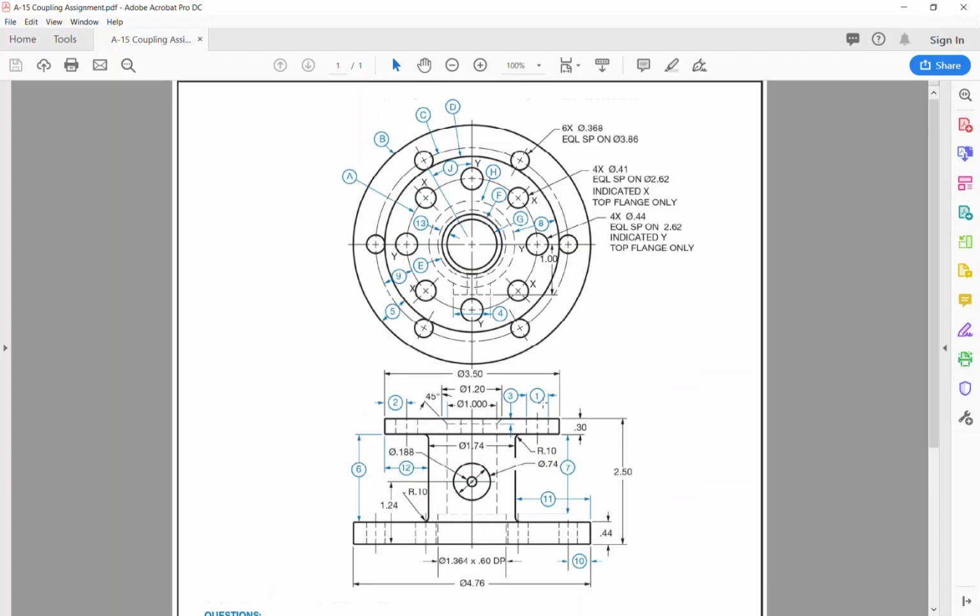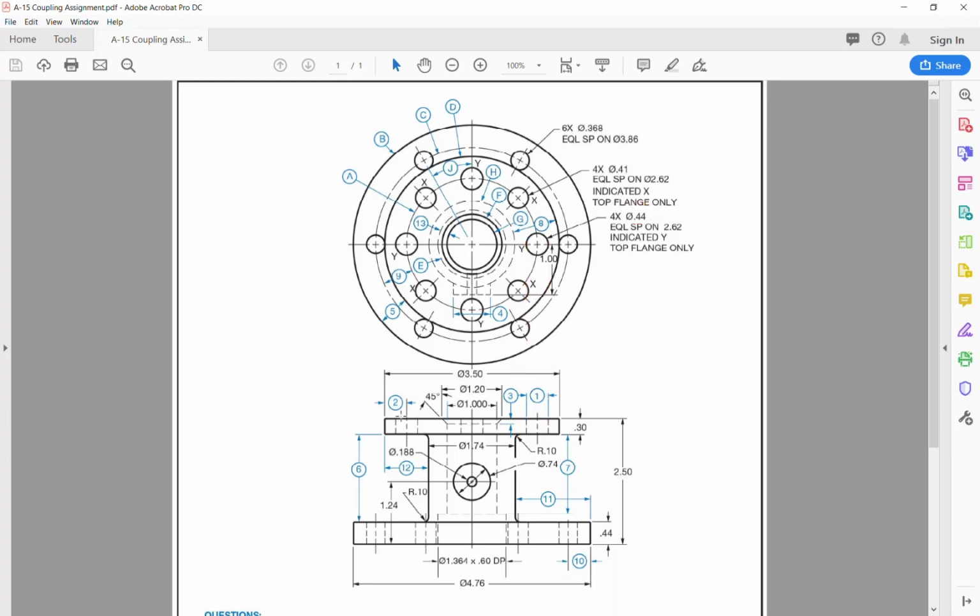So, distance number 1. If I transfer this up to the top view, number 1 coincides with a Y hole. What is the size of a Y hole? According to the note, it's a diameter of 0.44. So 0.44 is number 1.